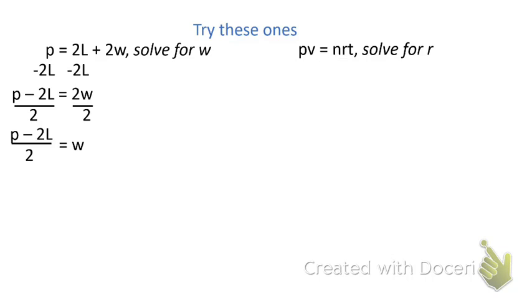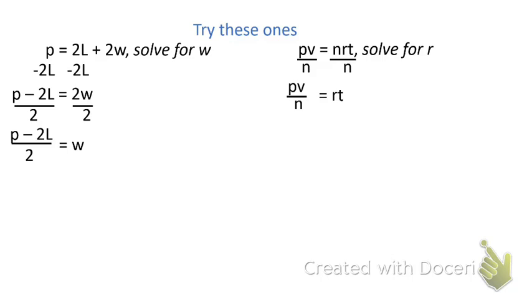Now for the next one, I need to get r by itself. In order to do this, I need to undo the n and the t. And I'm just going to pick one to start with. Instead of multiplying by n, we'll undo it by dividing by n. This leaves me pv over n equals, on the other side I still have rt. To get r by itself, I still need to get rid of the t. The way to do that is to divide.